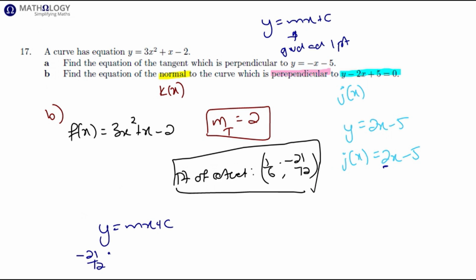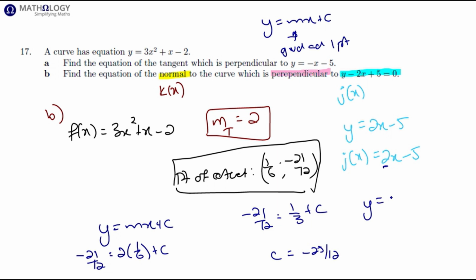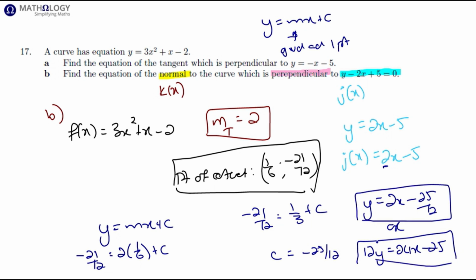Minus 21 over 12 equals 2 times 1 over 6 plus c, minus 21 over 12 equals the third plus c, c equals minus 25 over 12, y equals 2x minus 25 over 12, which is perhaps better written as 12y equals 24x minus 25. And this represents the equation of the tangent to f of x at the point 1 over 6, minus 21 over 12. And we can illustrate this graphically.